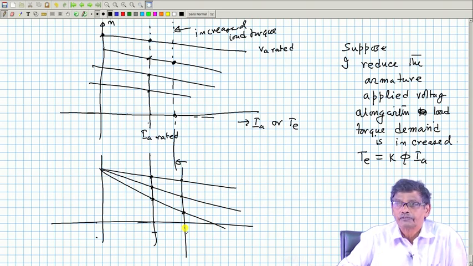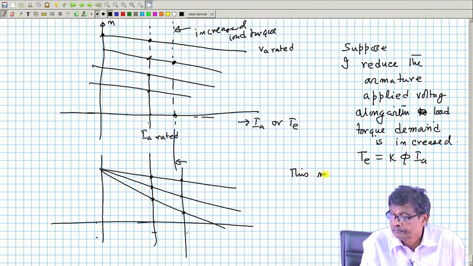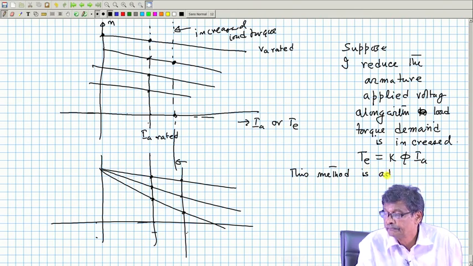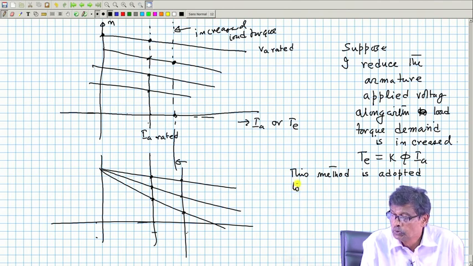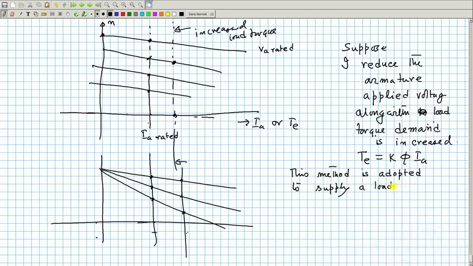So this method is adopted to supply a load whose torque demand remains constant.